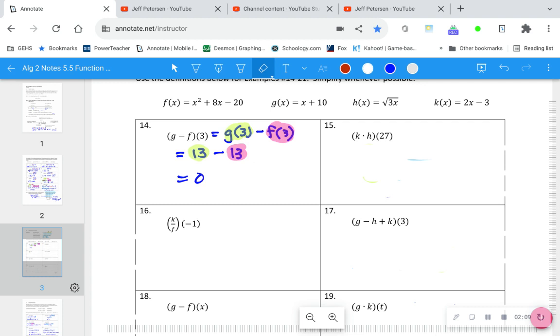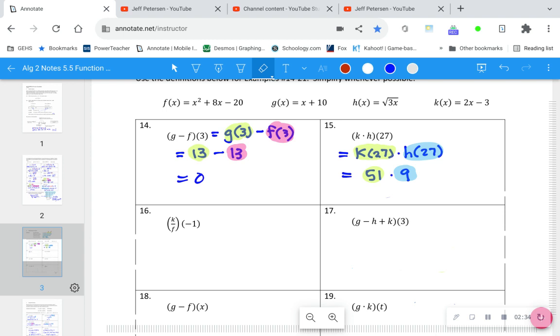Okay, k times h of 27, you're going to take k of 27 times h of 27. And when you plug in 27 right here, 2 times 27 minus 3, you're going to get 51. 2 times 27 is 54, and then take away 3.